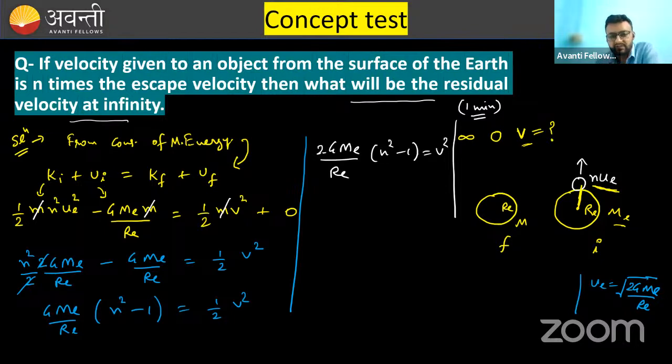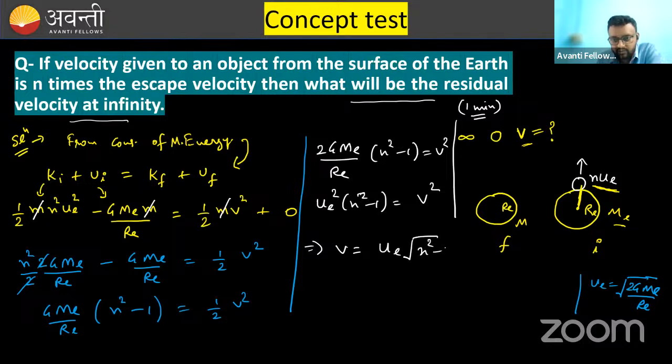Can you identify what this 2GME by RE is? It is escape velocity square. So this is UE square times n square minus 1 is equal to V square. So V is UE under root n square minus 1. This is the final result.